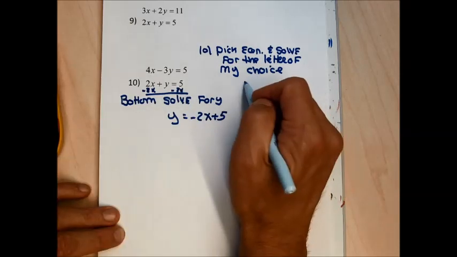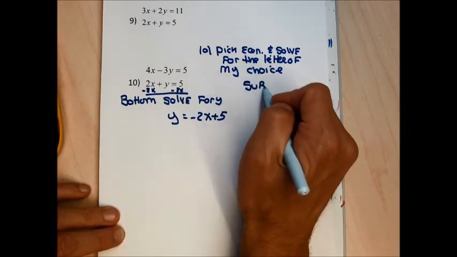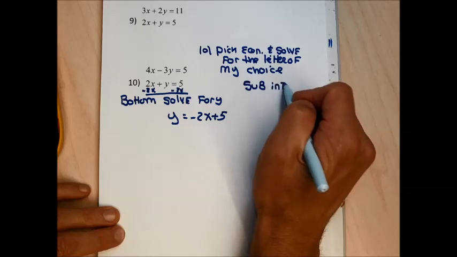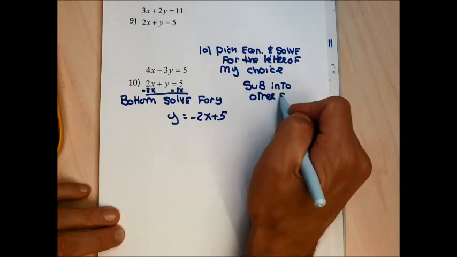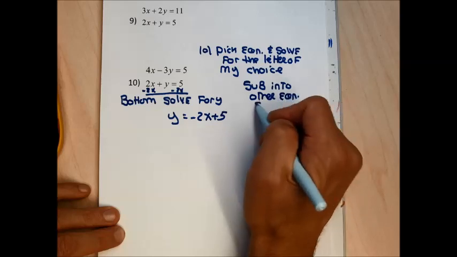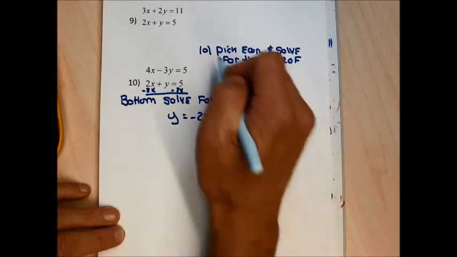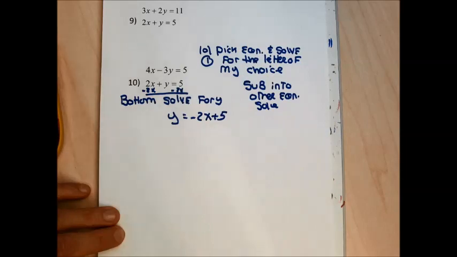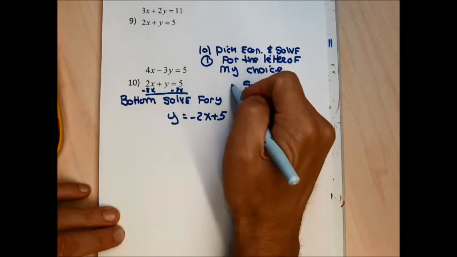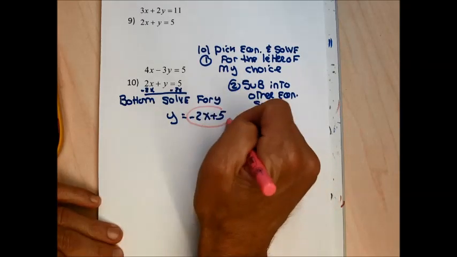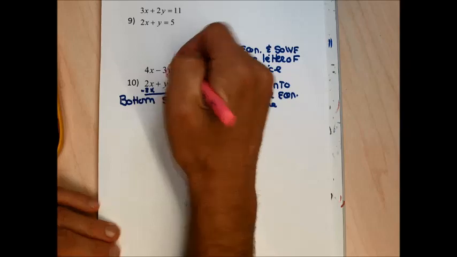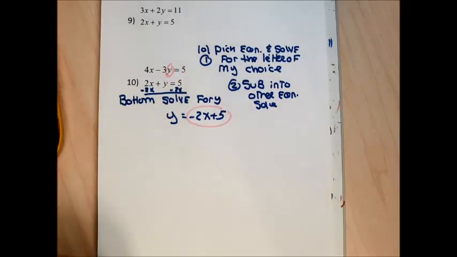Step 2 is to substitute, that's why it's called the substitution method, into the other equation and solve. So step 1, pick an equation and a letter and solve it for the letter of my choice. 2, substitute into the other equation. So what I'm going to do in my step 2 is in the other equation, which is the top equation, I'm going to change that y to negative 2x plus 5.